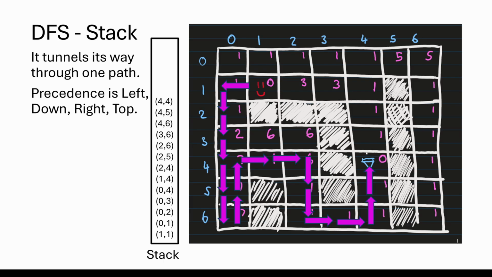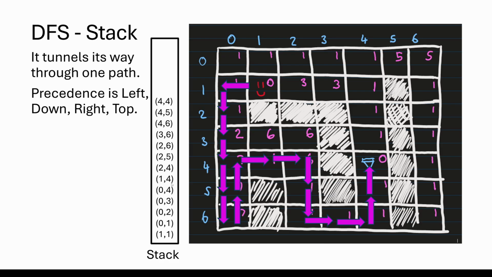Once we reach the diamond, we just have to reconstruct the final path. To reconstruct the final path, we just connect these coordinates in the stack together. So we start at the bottom, connect 1, 1 to 0, 1 to 0, 2 to 0, 3. You can visualize that in the picture too. So we start at 1, 1, then go 0, 1, 0, 2, 0, 3, 0, 4.